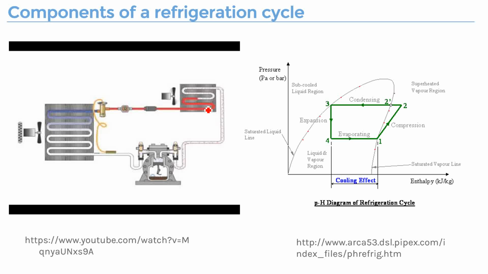But for latent heat, there is only phase change, but there is no temperature change. But you actually have this amount of energy change, which will be reflected in this pH diagram. Is that clear?